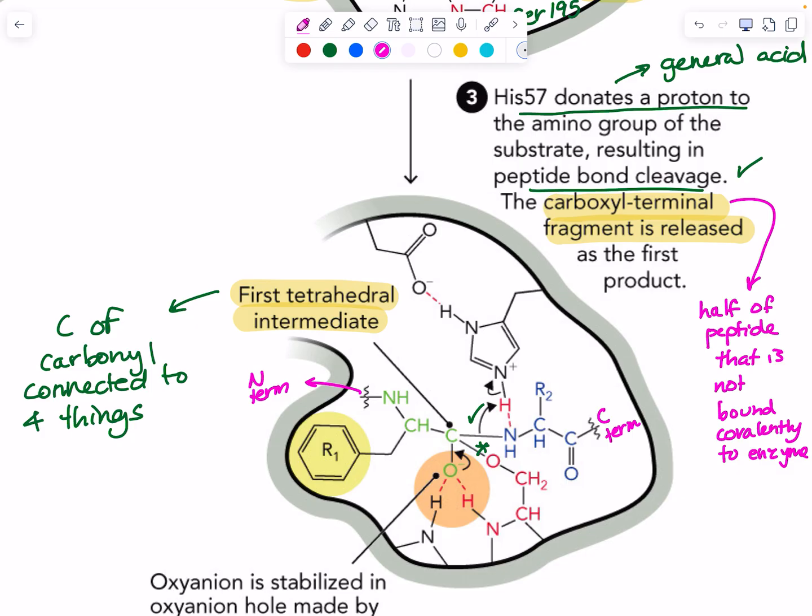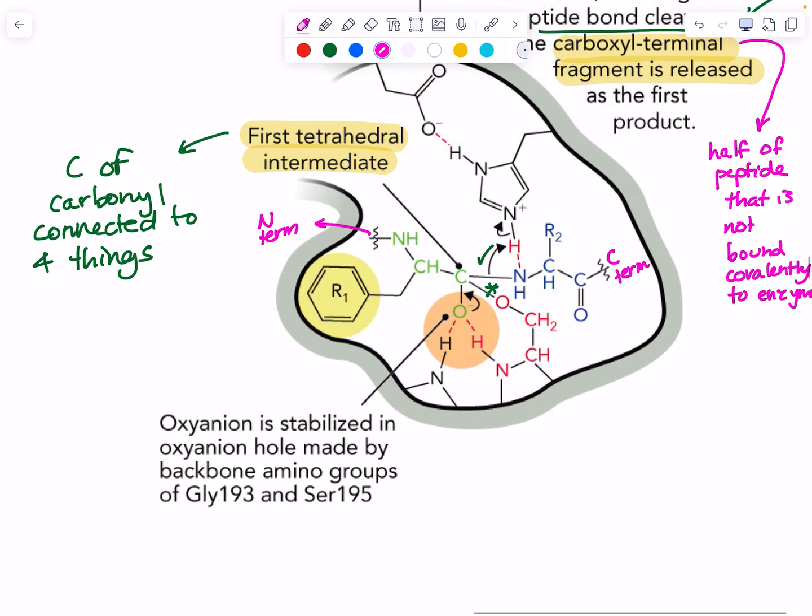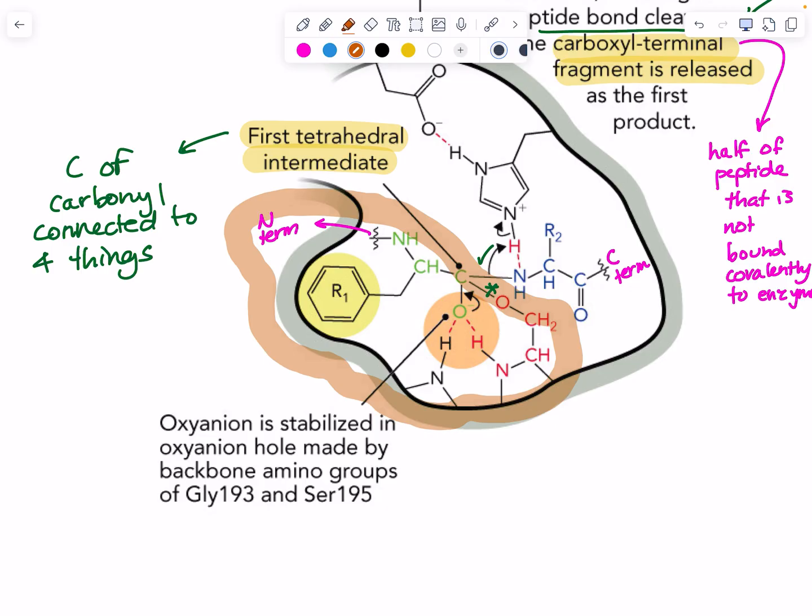So what does that leave us with? Well, what that leaves us with is this N-terminal fragment covalently bound. So the thing that we're left with is the fragment bound to the enzyme in the active site, right?